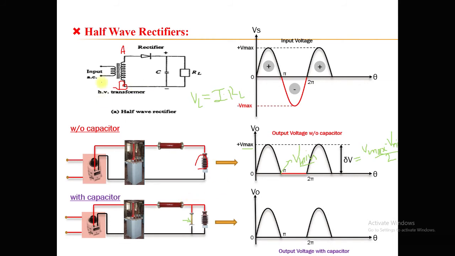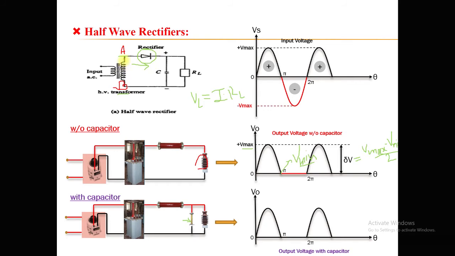Again, during the positive cycles you will get the voltage. Let us consider the positive half cycle where point A becomes positive with respect to point B. So this will be the direction of the current. During the positive half cycle, this diode comes into a forward bias condition, so as a result it will act as a closed switch.